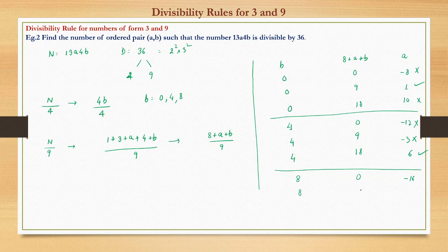If 9, here it will be minus 7. If 18, here it will be plus 2, and if we check again, it will be plus 9. So this is not possible, this is not possible, this is possible, this is possible.